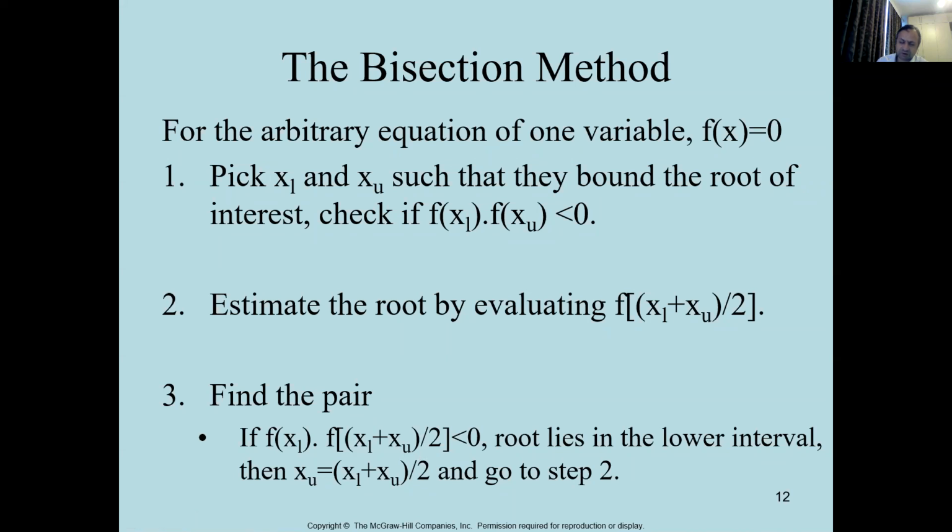So the next approximation of the root will be between xl and xl plus xu over 2. In that situation, the new upper limit will become xl plus xu over 2. Then for the next approximation, we will go back to step 2 and repeat the process.